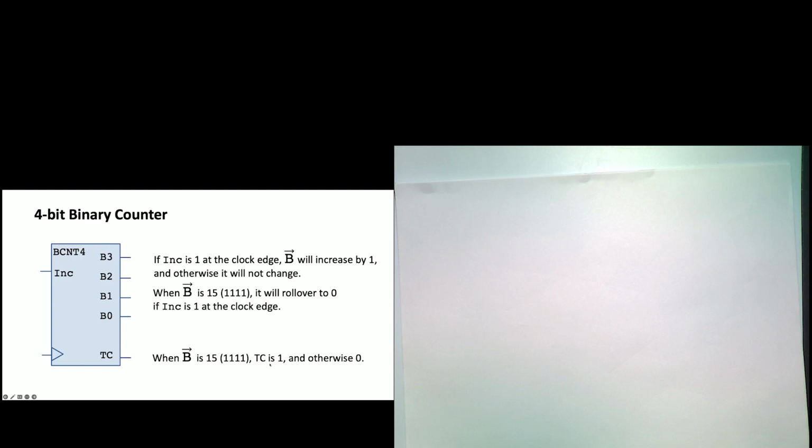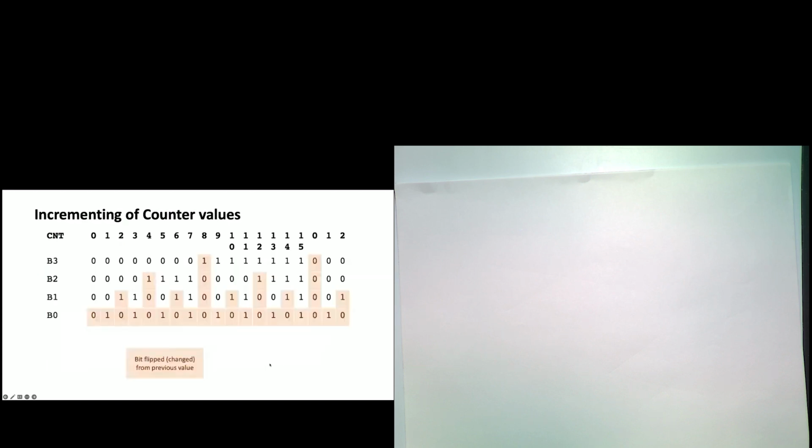Okay, so how do we build a 4-bit counter? Well, let's look at the pattern that you see in a 4-bit counter. Here we're starting at 0, and then we're going through the progression of the different values. These are all binary values. And you will see that bit 0 always changes when you increment. Makes sense.